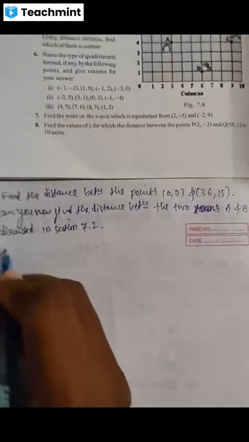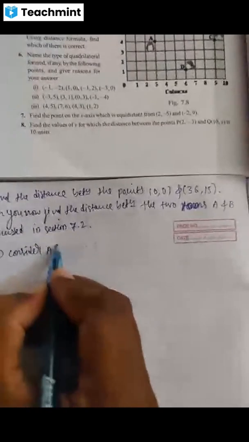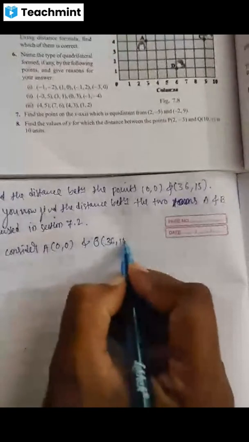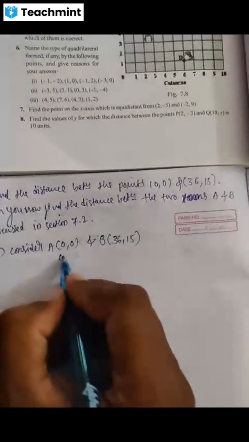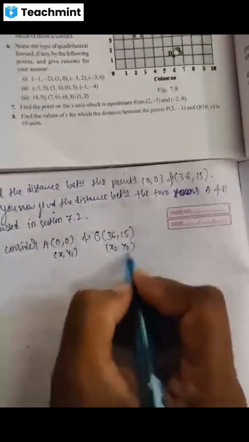Solution: consider A (0, 0) and B (36, 15). So this is (x1, y1) and (x2, y2).